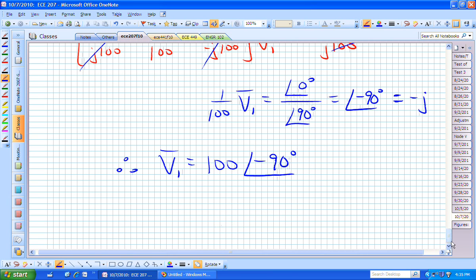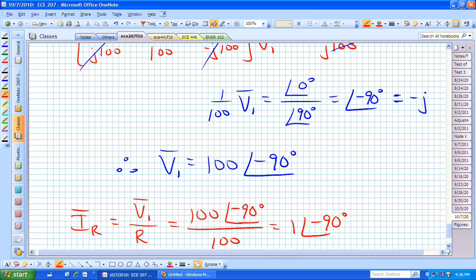I want to now find my currents of interest. One of those was I sub R bar. How is that related to V1? I sub R is just the current going down in that resistor. V1 is the voltage dropped across that resistor, meaning I should just divide V1 by R. In this case, I have 100 at minus 90 degrees divided by 100, or 1 at minus 90 degrees.